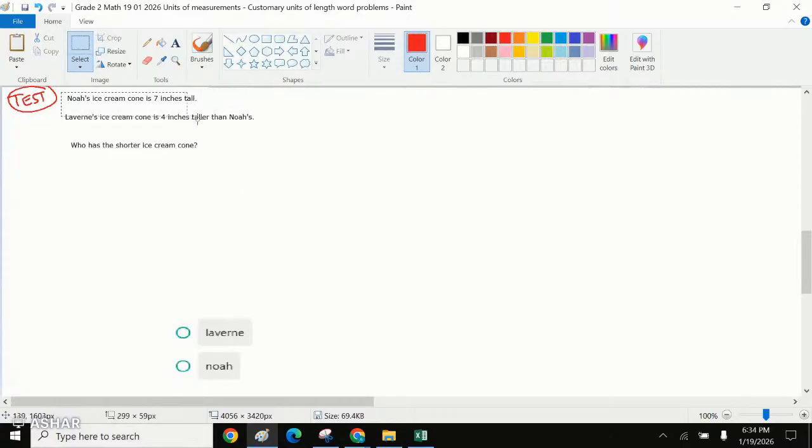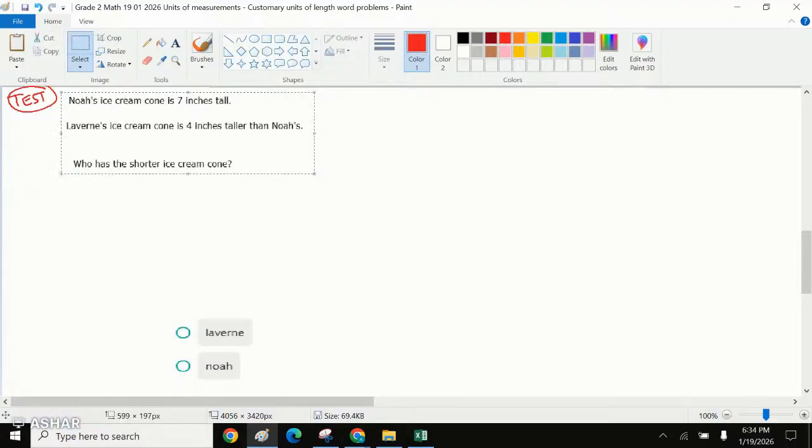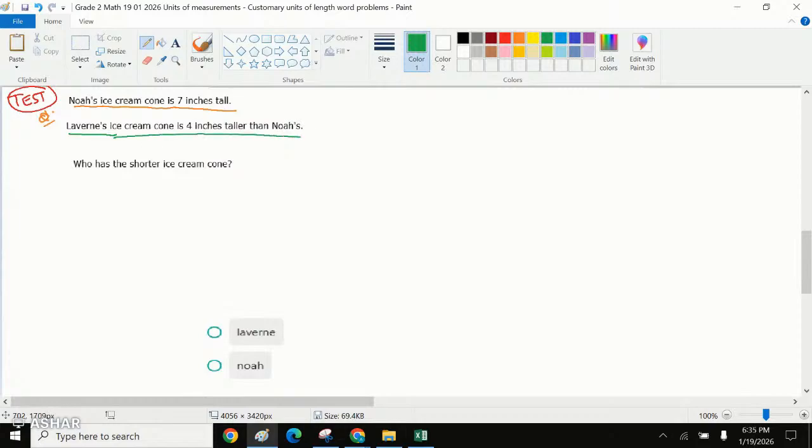Okay, so question number 1 states that Noah's ice cream cone is 7 inches tall, right? Lev's ice cream is 4 inches taller than Noah's. Who has a shorter ice cream cone? Asking about shorter.